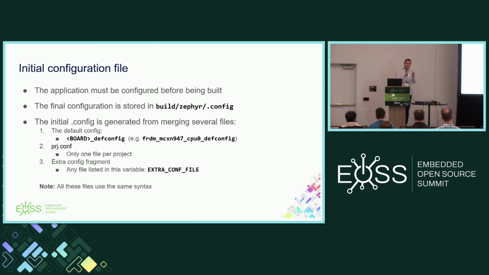Or I want this way for configuring Bluetooth, or this way for configuring tracing. So I will do a fragment for tracing, another fragment for Bluetooth, and I will just add them to the build. If I want to enable tracing, I will just add this fragment, and when I want to disable it, I just remove the fragment, and voila, I don't have it anymore.